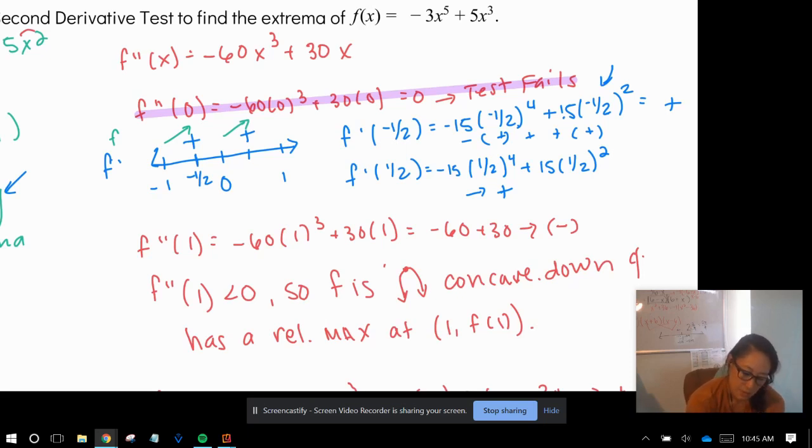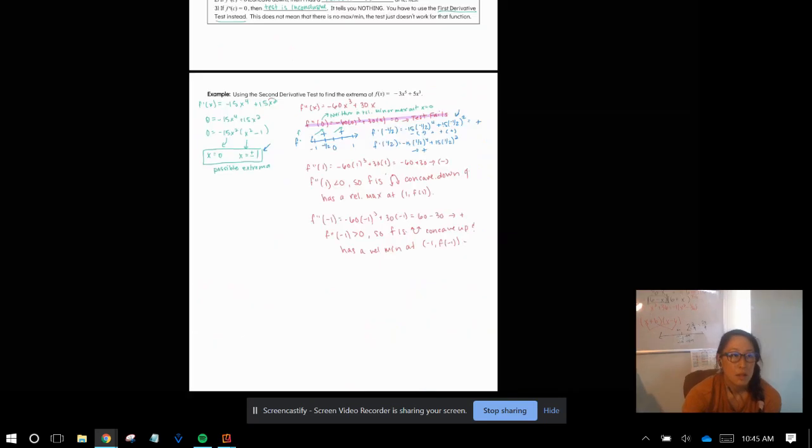So at x equals 0, we have neither a relative min or max. Wow, that was a lot. Okay, so that's it.